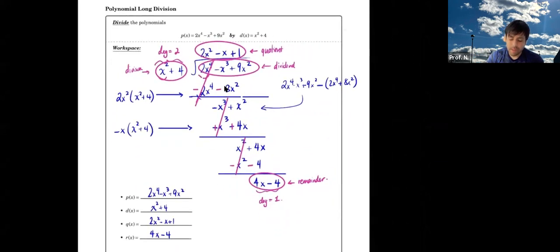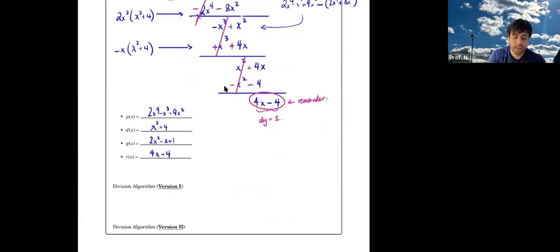Once we have that, now we can write our division algorithm versions. Division algorithm version number 1 is P of x equals D of x times Q of x plus R of x. This says 2x to the fourth minus x cubed plus 9x squared can be written as x squared plus 4 multiplied by 2x squared minus x plus 1, plus 4x minus 4.